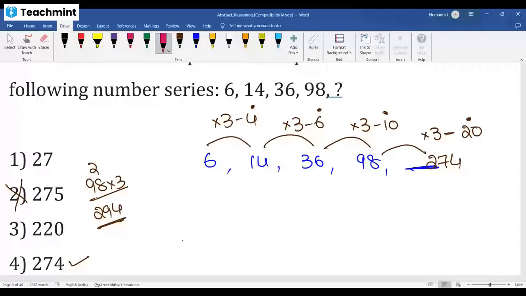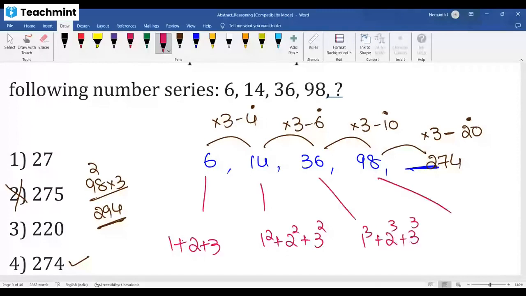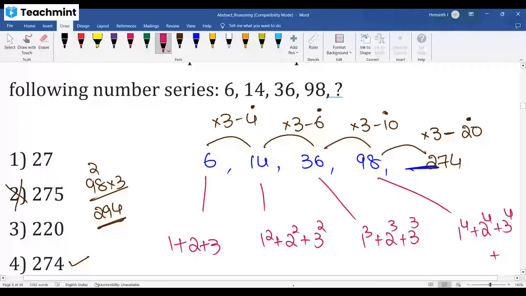So this is 1 plus 2 plus 3. This is 1 square plus 2 square plus 3 square. This is 1 cube plus 2 cube plus 3 cube. This is 1 power 4 plus 2 power 4 plus 3 power 4 plus 4 power 4. 1 power 4 is 1, 16 is 17, 17 plus 81.